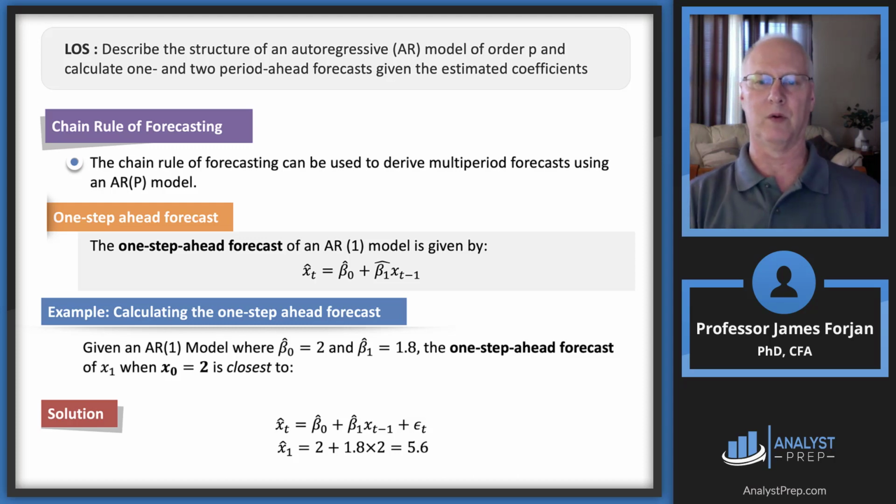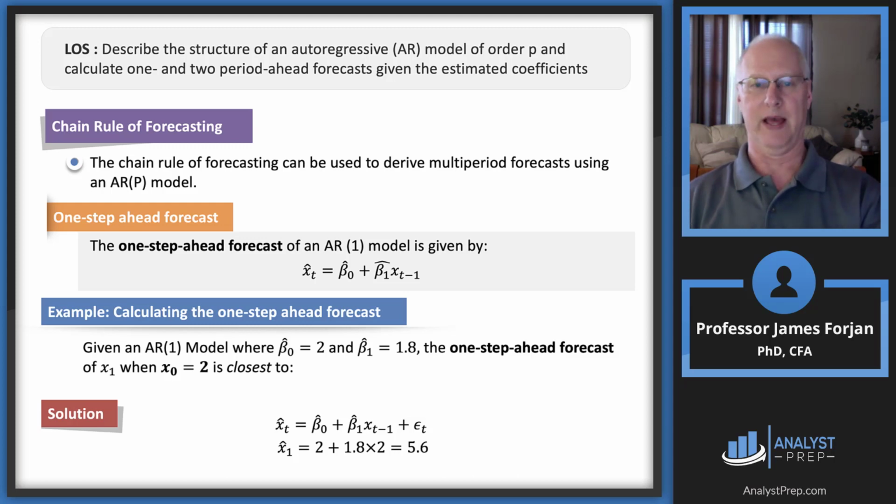Let's suppose the intercept is 2 and the slope coefficient is 1.8, and the variable x is 2. And then you get the 5.6 down there at the bottom. So you say 2 plus 1.8 times 2 is equal to 5.6.